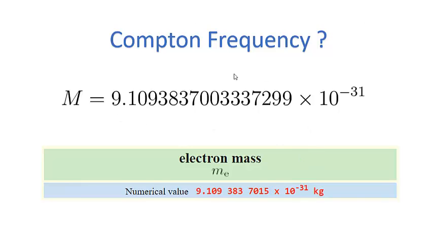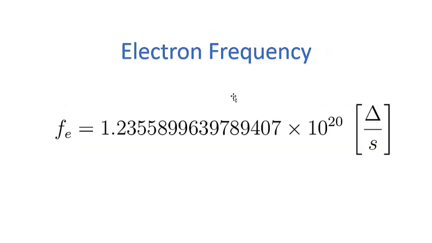Now we know what Compton frequency is. This is the frequency of the electron. Compton frequency in the NIST standard is the electron frequency. And here we have it right here. It is on the order of 10 to the 20 hertz, which is super, super fast. So is there such a thing as a proton frequency?